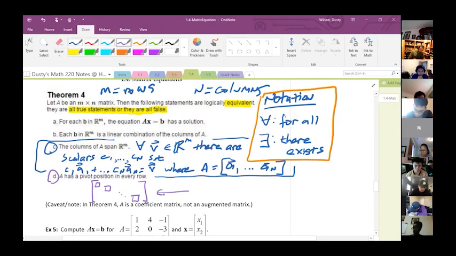And you're never going to have no pivot. What would it look like if there's no pivot? I think you can have free variables.